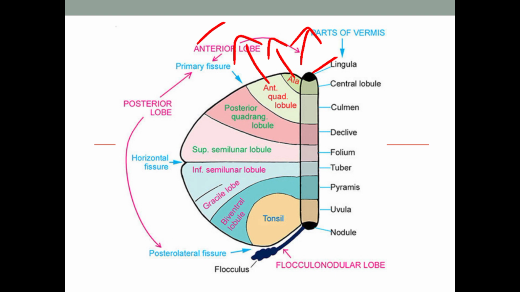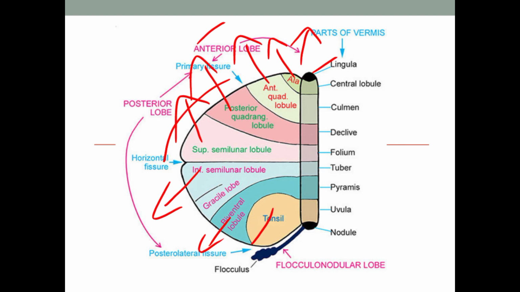Next, in the posterior lobe, the declive corresponds to the simple lobule, folium to the superior semilunar lobule, tuber to the inferior semilunar lobule, pyramid to the biventral lobule, and uvula to the tonsil. So these are the lateral projections it is related to.